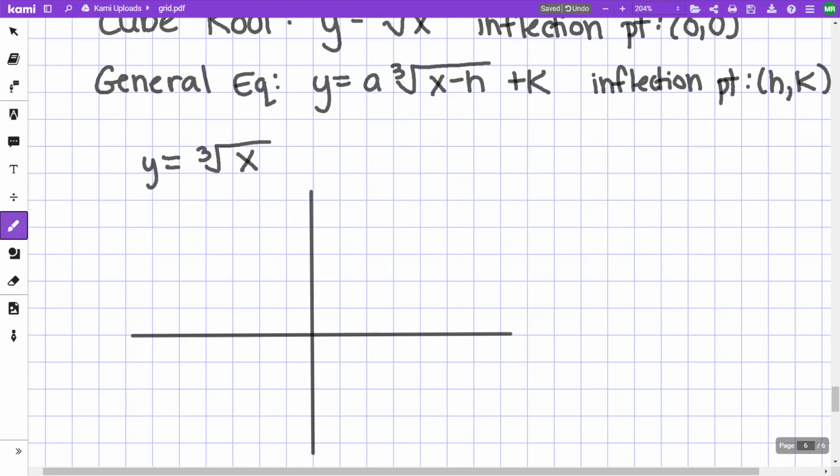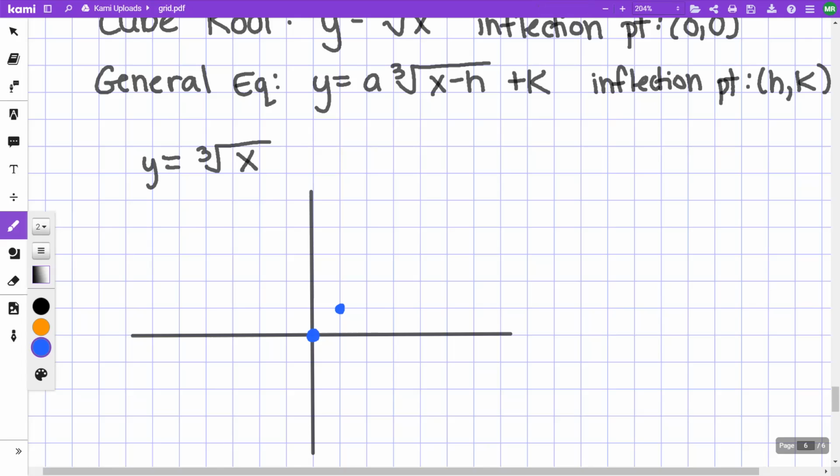Now, when we're doing that, I'm going to think of it just like I did with the square root. What is the cube root of 0? 0. What's the cube root of 1? 1. What's the next nice cube root? 8. Cube root of 8, because 2 cubed is 8.